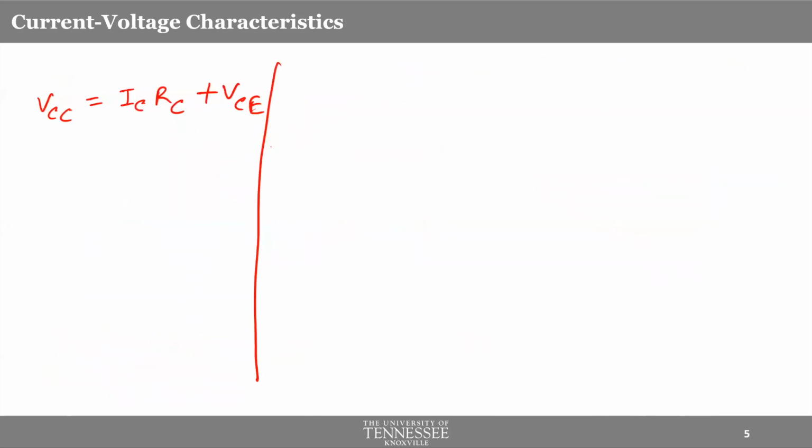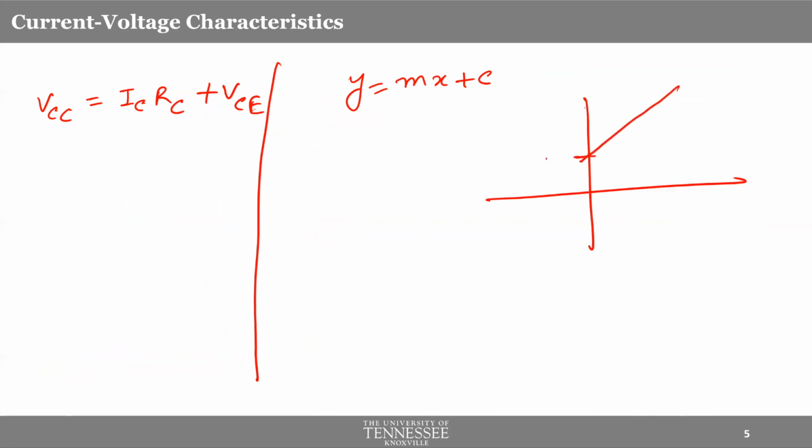And I would like to remind you of very simple high school geometry, right? Remember, y equals mx plus c, this type of equation. This is the equation of a straight line, and this is how it looks. This is c, by the way. This is the y-axis, this is the x-axis. Wherever the straight line has an intercept with the y-axis, that is c. And m is nothing but the gradient.